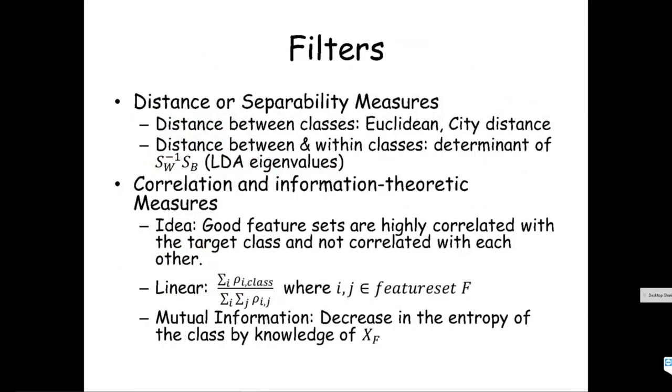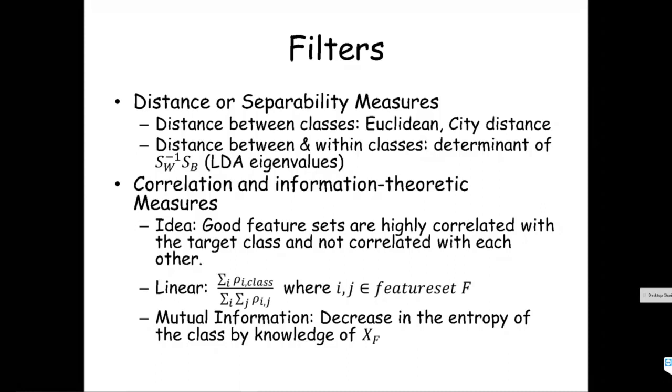Okay. So if I have a filter in mind, I can calculate this filter for every feature. Say I have 100 features. I can calculate the Euclidean distance or the city distance, any distance between classes for each feature. So how well does one particular column separate the zero class from the one class?